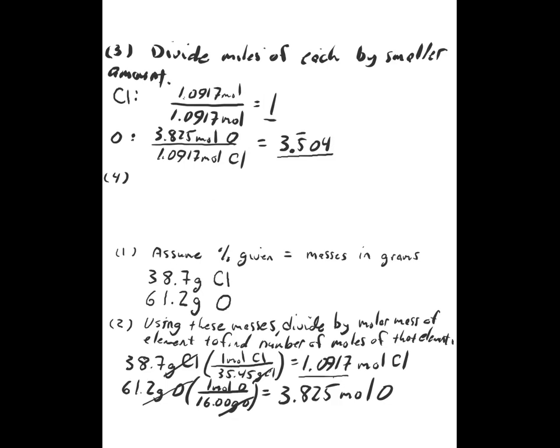If that number is 0, then you can round it to 3. So if this came out to 3.004, you could just round it to 3. If it came out to 4.012, you could round it to 4. But that first digit past the decimal point is not a 0.